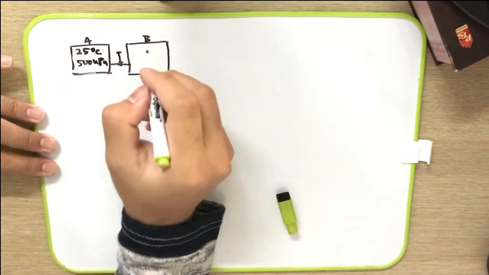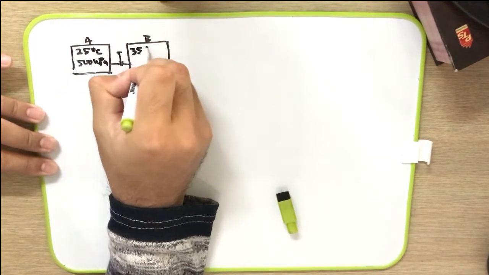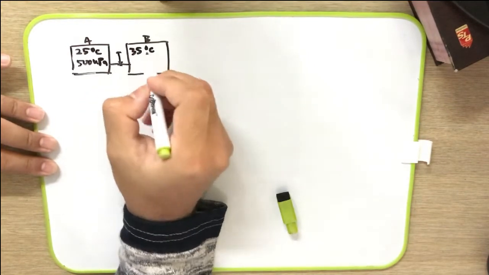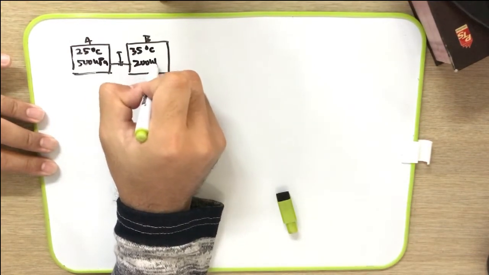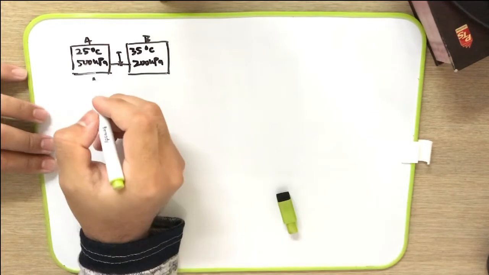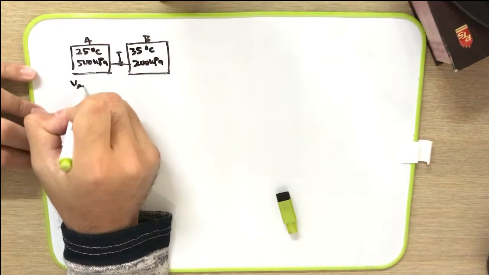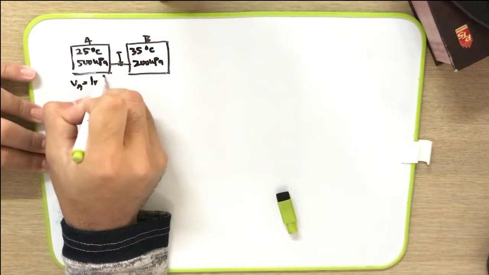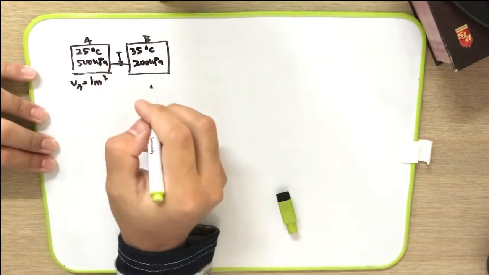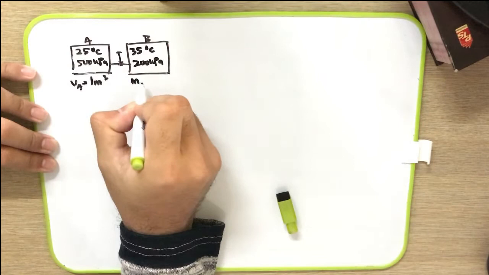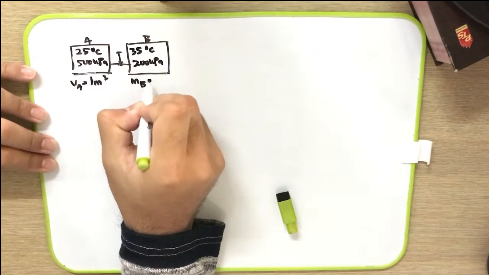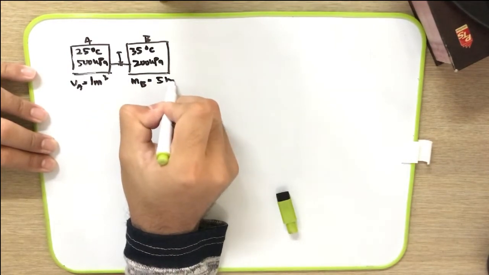Meanwhile, for tank B, the temperature is 35 degrees C and the pressure is 200 kilopascal. From the question, the volume for tank A is 1 meter cube, and the mass for tank B is 5 kg.